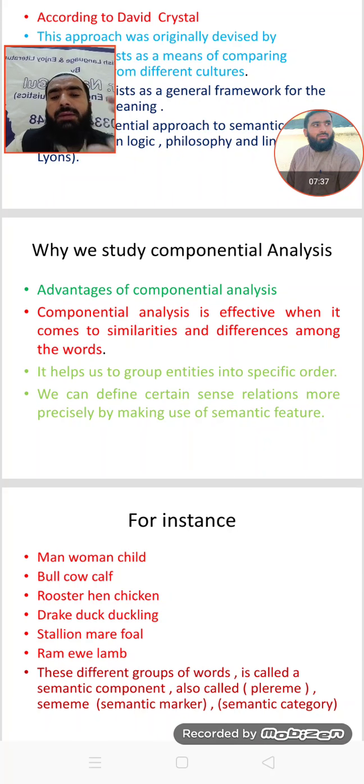Okay, so we can define sense relations more precisely by making use of semantic features. While taking help from componential analysis, we will be able to define these senses easily.